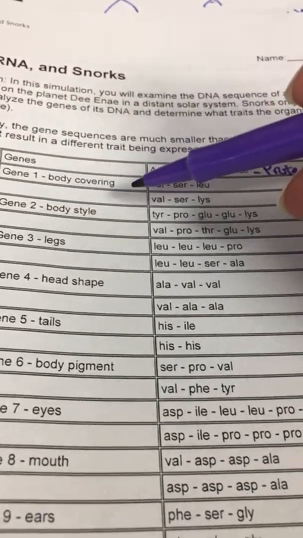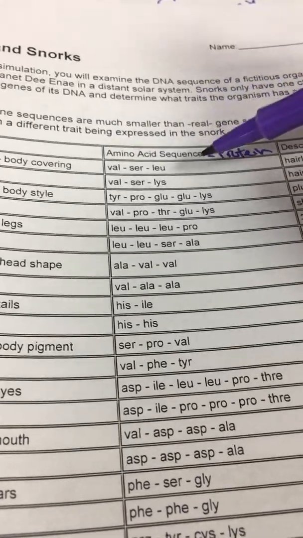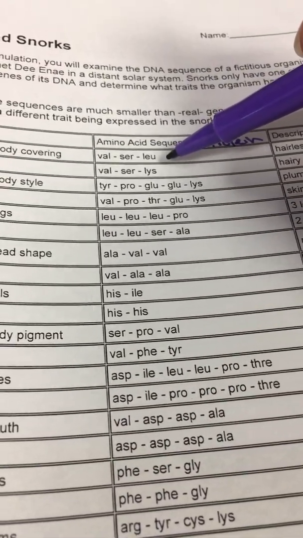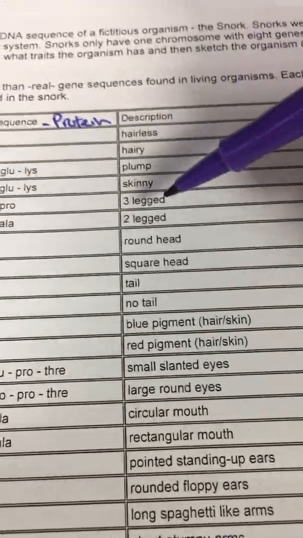Now I can have different versions of a gene. That's why we have blue eyes, brown eyes, blonde hair, red hair. We get different versions of genes that can code for different proteins that are going to result in different traits. So what we're going to do is figure out what one of these snorks looks like. You can do Snicker Snork, Snuffle Snork, you can do Snapple or Snoopy.